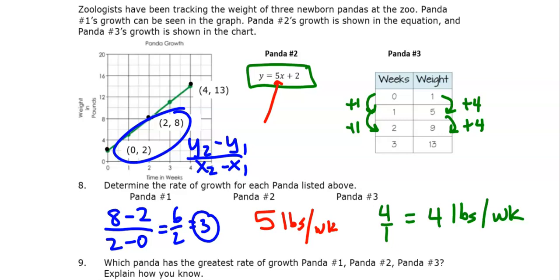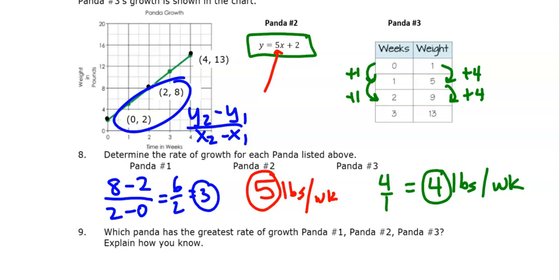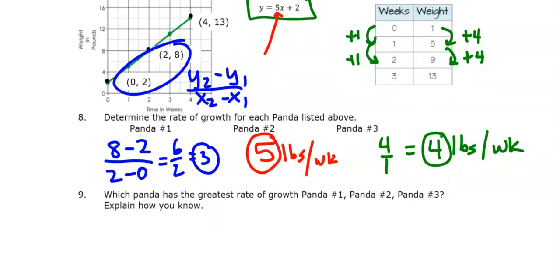So panda 1 is 3 pounds a week, panda 2 is 5 pounds a week, and panda 3 is 4 pounds per week. So if you're asked which panda has the greatest rate of growth, you're going to say panda number 2. And when they ask you to explain how you know, you would describe the rate of growth for the other pandas.